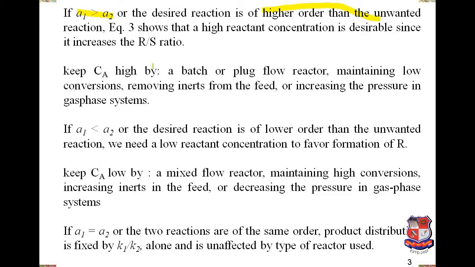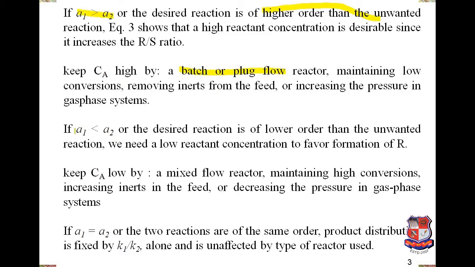So to keep C_A high, as we have learned previously, batch reactors are more preferable, maintaining low conversions, removing inerts from the feed, and increasing the pressure in gas phase systems.